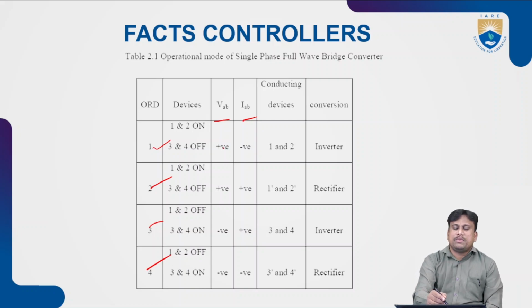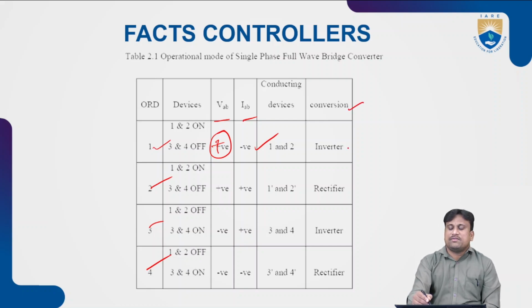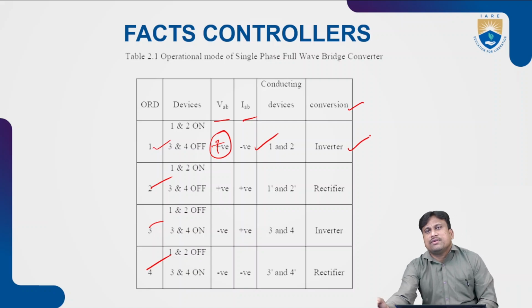Only 1 and 2 conduct, and 3 and 4 are in the off state, as this conversion is inverter mode of operation.